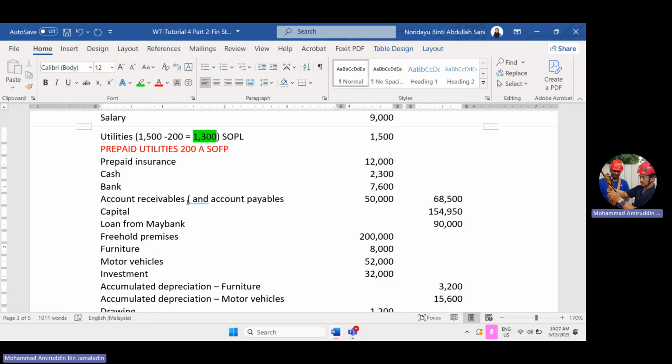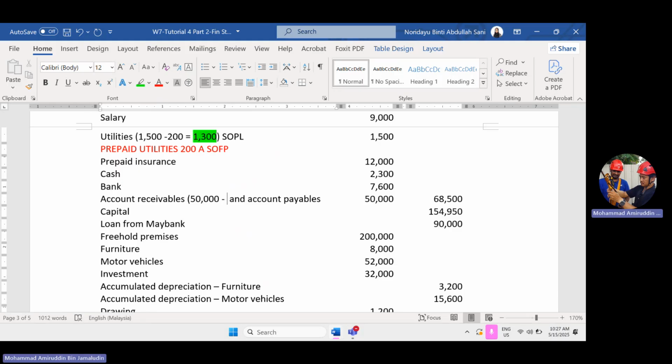Actually, you must provide first, then only you can write off. It's not straight away write off. You must assume first this person cannot pay. After that, then only you will say, I confirm that this person cannot pay. That's why it actually deals with the allowance for doubtful debts. So account receivables, I should minus.